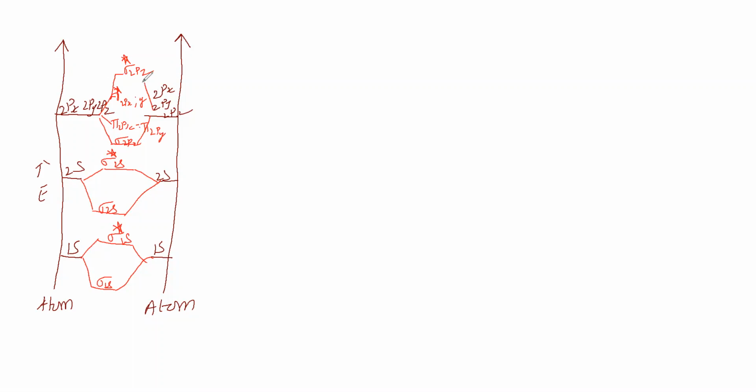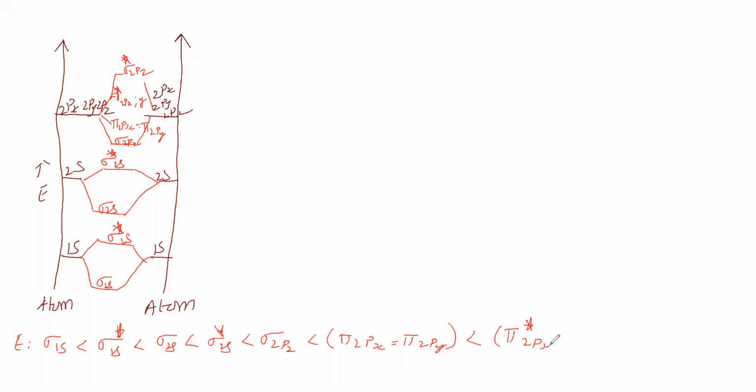This is the energy level of molecular orbitals. The energy order is: sigma 1s less than sigma star 1s less than sigma 2s less than sigma star 2s less than sigma 2pz less than pi 2px equal to pi 2py less than pi star 2px equal to pi star 2py less than sigma star 2pz.